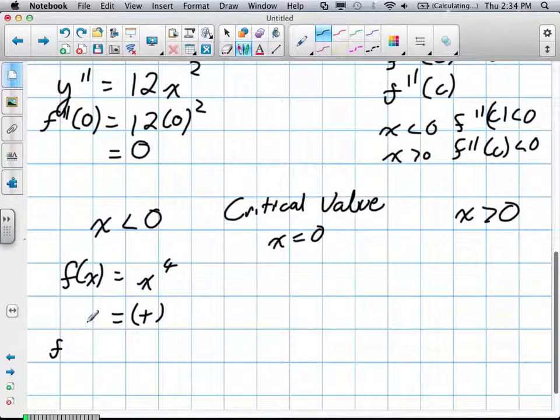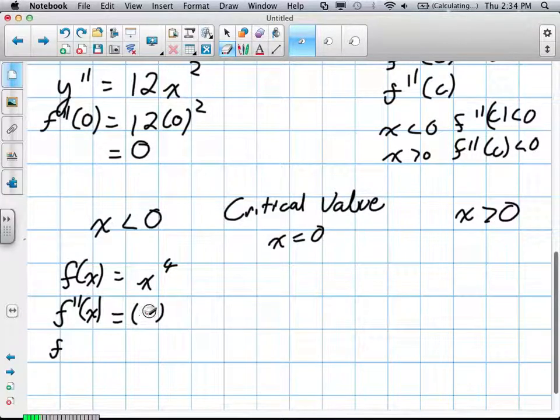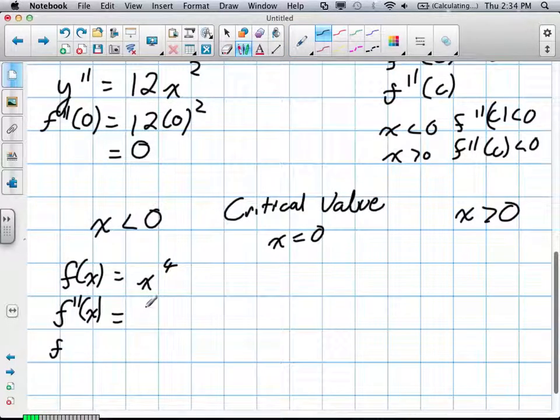Sorry, we should have checked that with the double prime. When f double prime x is less than 0, or greater than 0. Sorry, less than 0. Oh my gosh, I get my words all mixed up. When x is less than 0, we are going to get a positive answer. Okay, so we're concave up.